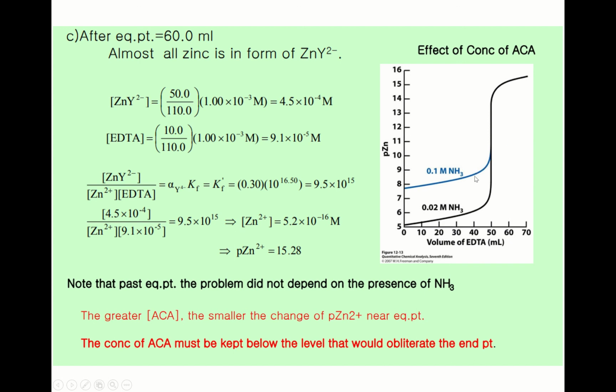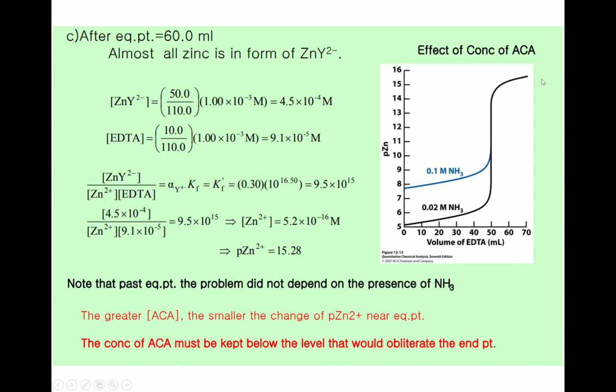If the auxiliary complexing agent concentration is high, the step size in pZn becomes smaller. When the ammonia concentration is lower, the shape is the same, but the step size is big, and the initial pZn values are different.